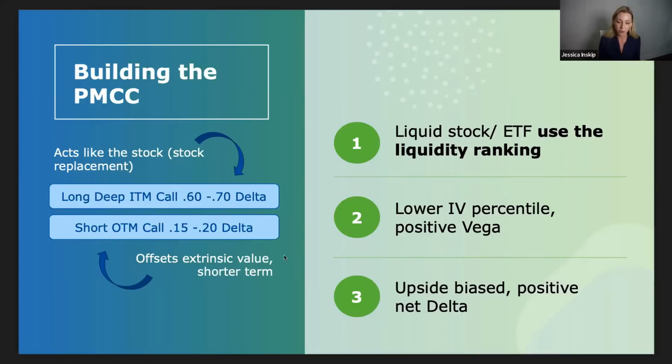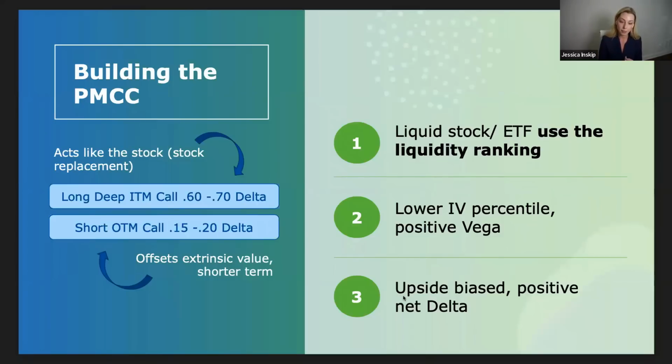And that's important to note. You are upside biased, as we said earlier. You are bullish when you have the long poor man's covered call, and you have a positive net delta, which means you're going to benefit from upward momentum. I'm going to talk about that in a lot more detail, but this is the high level of building the poor man's covered call. What you need to know is you need a very liquid stock or ETF.